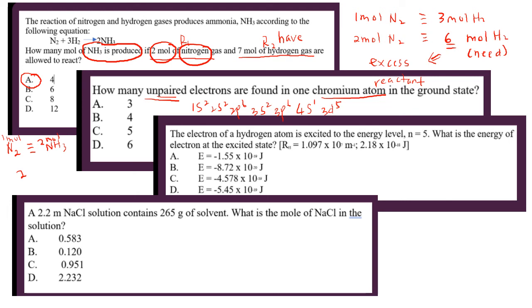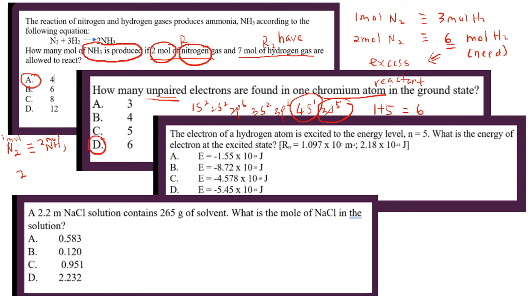In this case, 4s1 has 1 unpaired electron, and 3d5 contains 5 unpaired electrons, so 1 plus 5, altogether we have 6 unpaired electrons. So the answer is D.